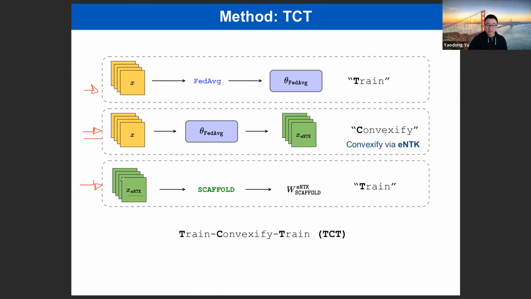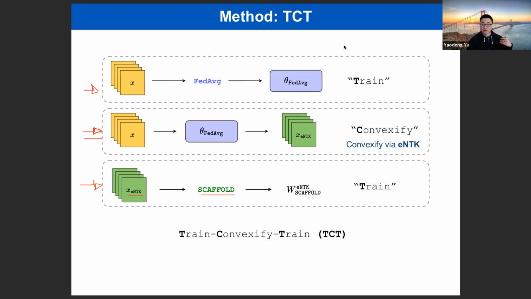So in this stage, the number of bits communicated to the center is no worse than the first stage. The additional computation in our approach is one additional backpropagation for each data point locally. Although the second stage does not involve communication, it requires a bit more computation locally to get the ENTK features.